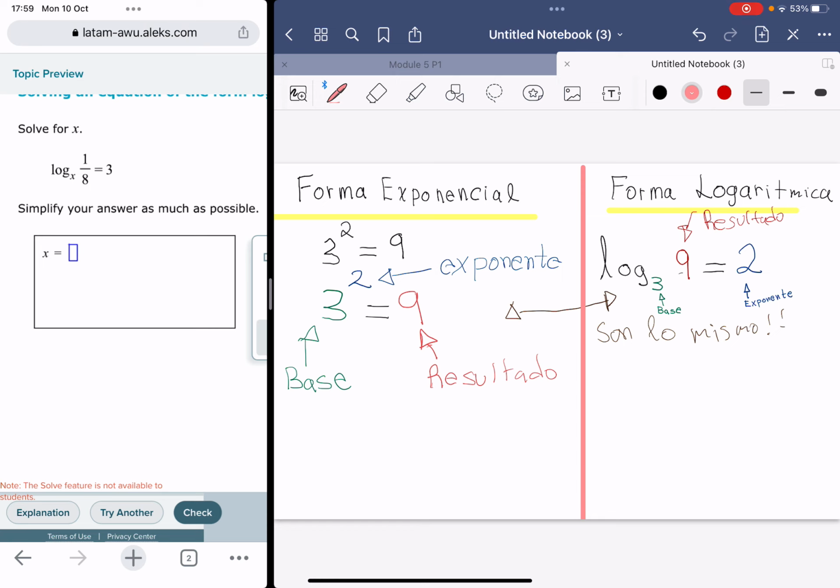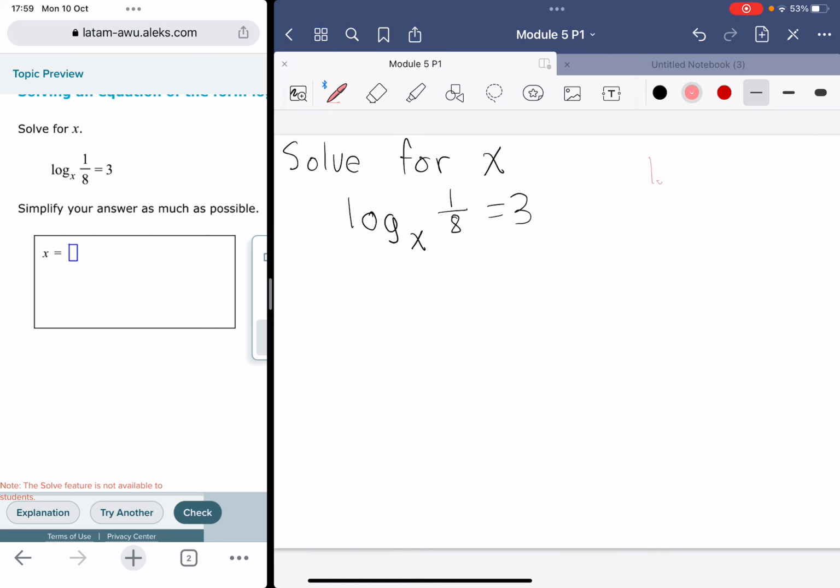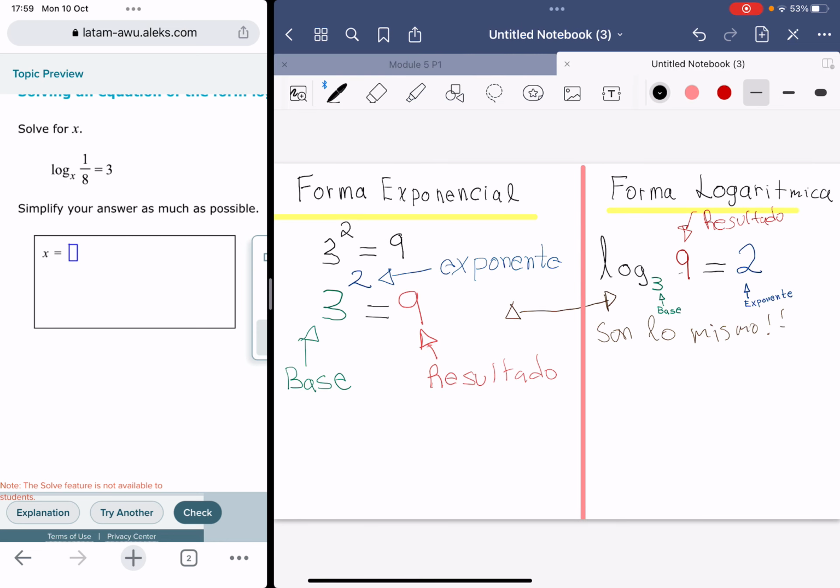So first thing that I want to do is take it to the exponential form. I'm going to take it to the exponential form. How will I do that? Well, if you remember the definition, you can rewrite that by taking the base, exponent, and the result.